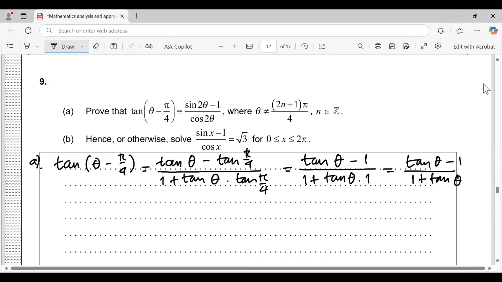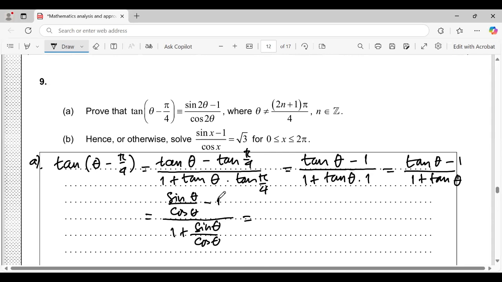The next step, tangent is sine theta over cosine theta. So we write sine theta over cosine theta minus 1 over 1 plus sine theta over cosine theta.